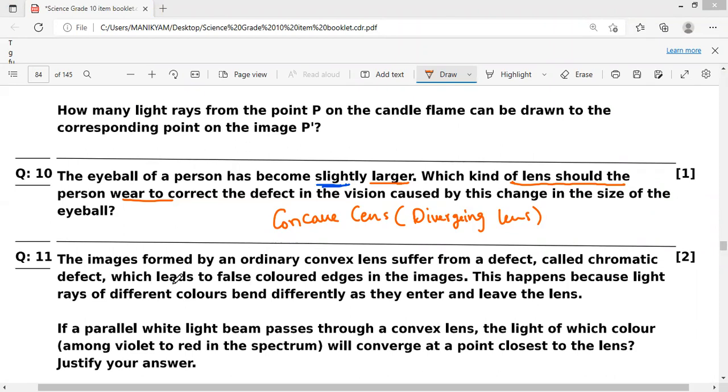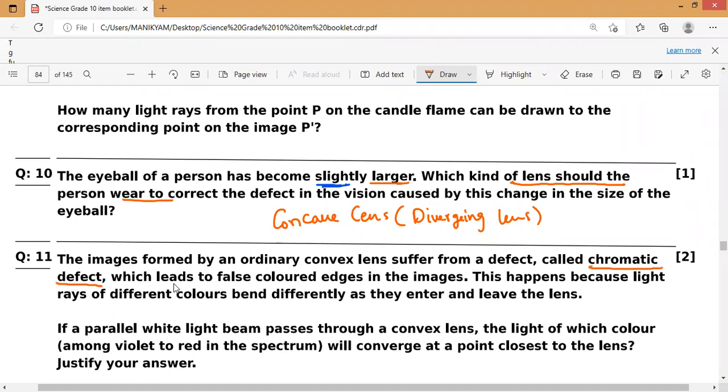First one: the images formed by an ordinary convex lens suffer from a defect called chromatic defect. Till now you might not have heard this defect, so I will explain.